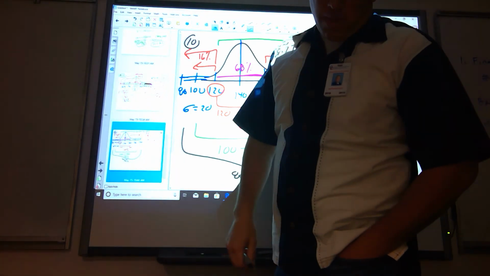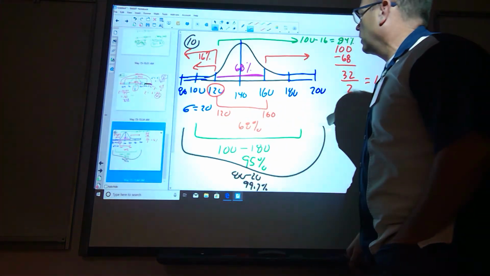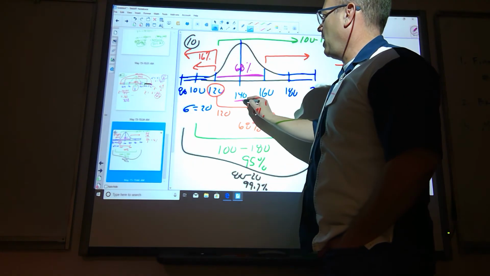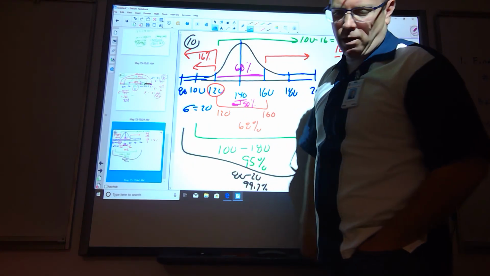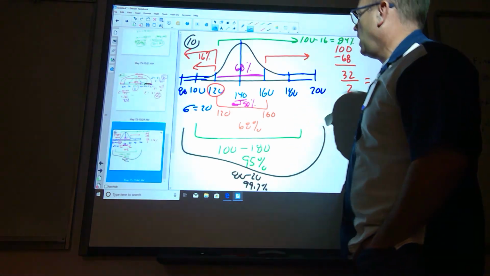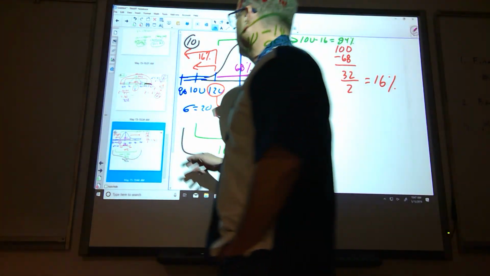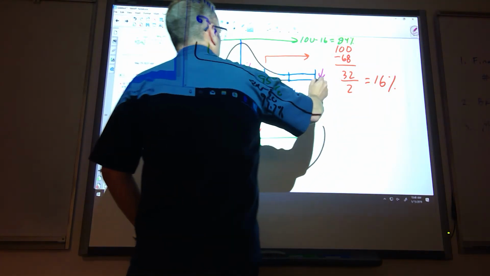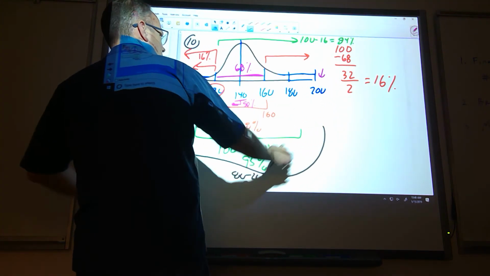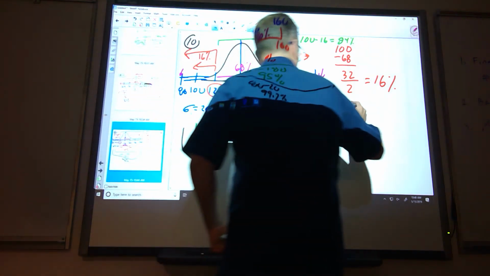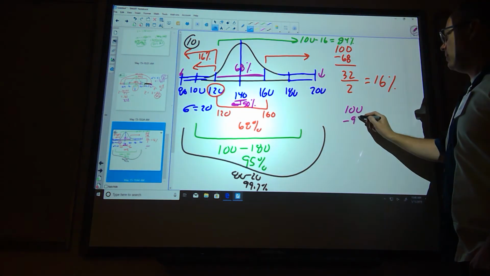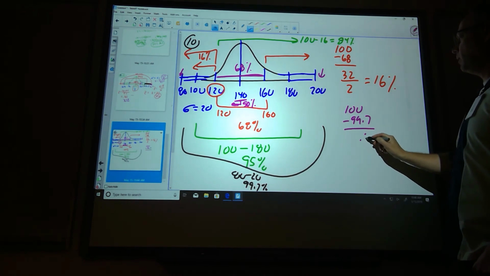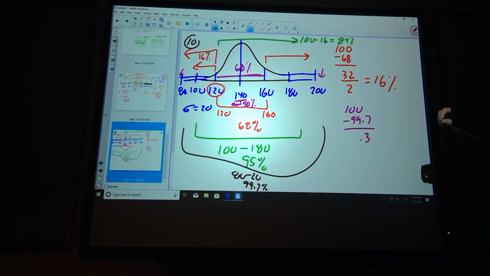That's C. Fewer than 140 coins. So this is my average. If I'm going fewer than that, there's 50% of my coins. And less than 80 coins. Okay, so this little region out here and this little region out here encompass 99.7, and 100 is everything. So if I go 100 minus 99.7, I get 0.3 for my two extreme tails.